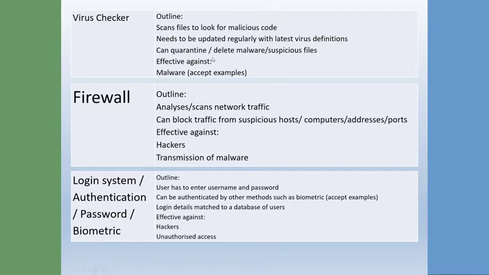And it is effectively used against malware and viruses. Okay, and give some examples of those. Okay, so the idea here is we have a piece of software that scans our files, looks for viruses, and quarantines or deletes them. The firewall, as I've said, to outline it, it analyzes or scans network traffic.